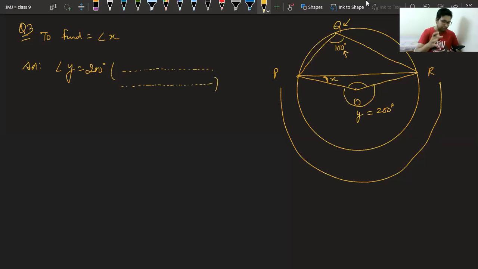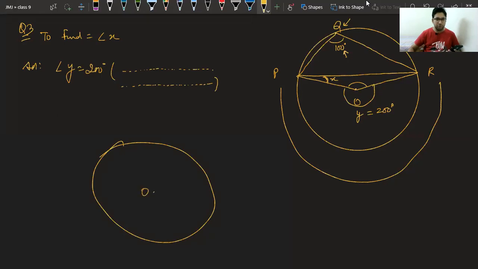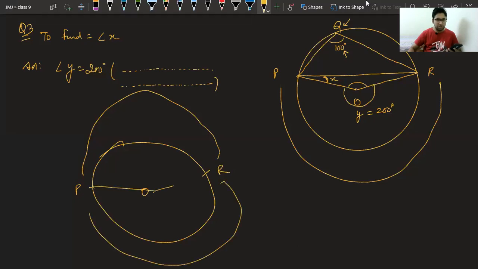So we have written the, okay, Vaishnav is asking, sir, how is angle 2 200? Vaishnav, please see again. We have learned this is the arc P, this is the arc R. This arc PR, this is the minor arc and this is the major arc. Tell me one thing, Vaishnav, is angle 1 subtended by the minor arc PR or the major arc PR?